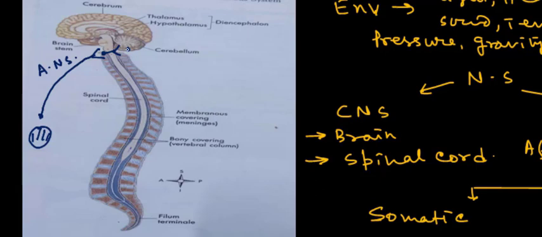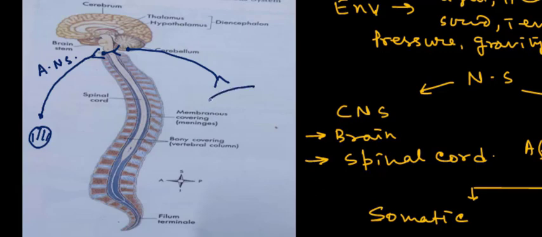So the efferent nervous system is constituted by those neurons which carry the information from the central nervous system towards the effector.